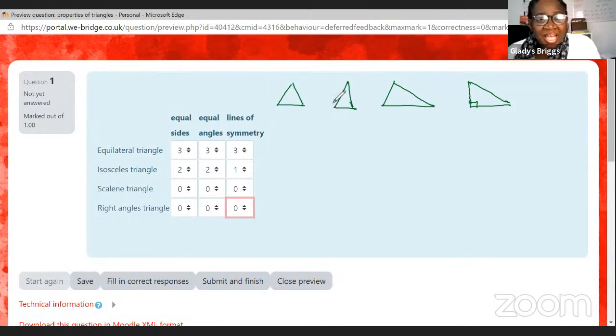But sometimes, if this angle is 45 and the other angle is 45, then you can have this one to be 90. Then you can have an isosceles triangle. So even though it's a right angle triangle, it will fit into the isosceles triangle. Okay, so you know all of them now.